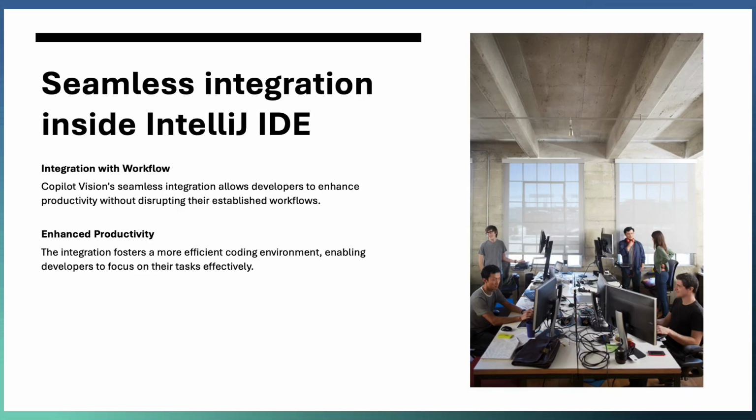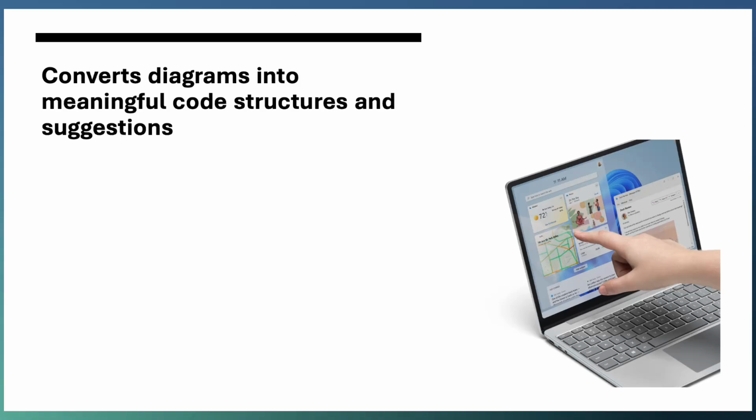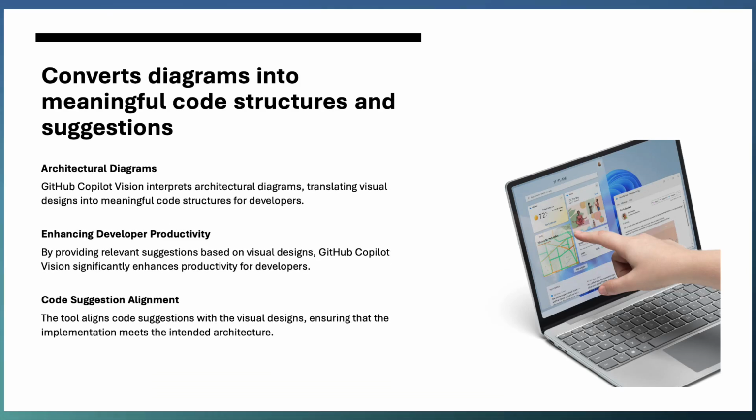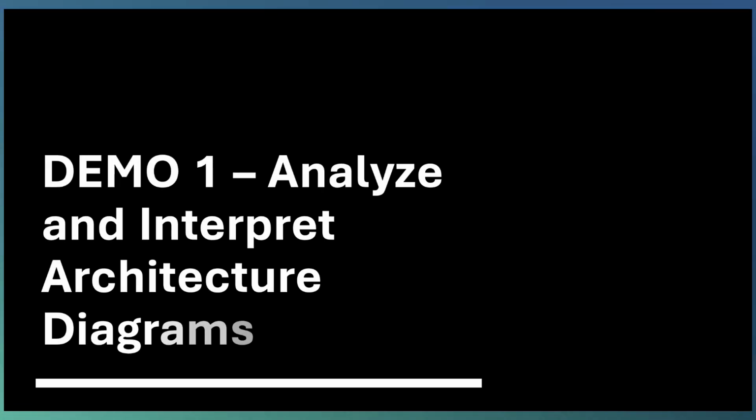This will enhance your productivity, and whether it's an architecture diagram, a class diagram, or even hand-drawn notes, Copilot Vision interprets it and helps you build real code from it. Let us explore this through real hands-on demos.